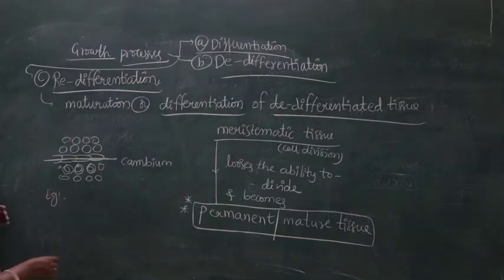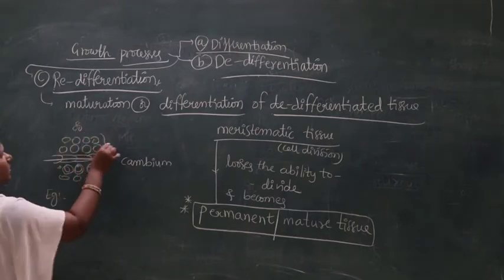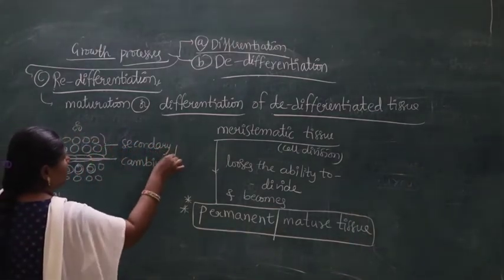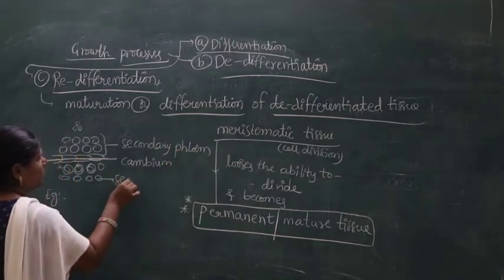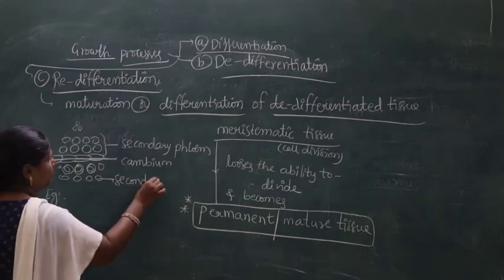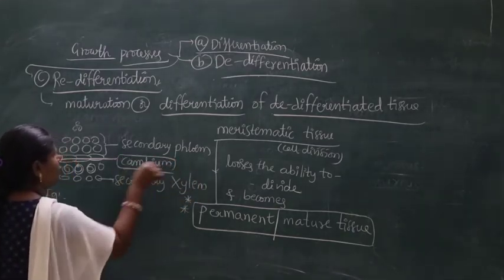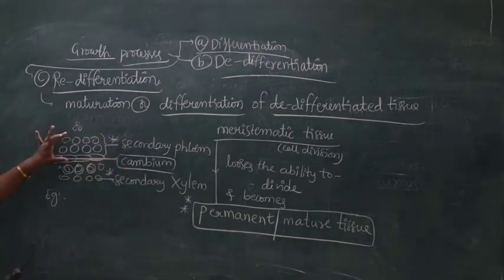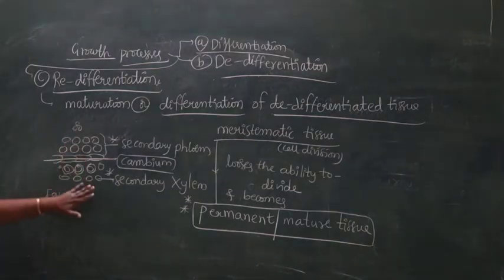Now, let us see the cambium when it divides and stops dividing. So, this converts into secondary phloem and this converts into secondary xylem. Okay, this converts into secondary phloem, this converts into secondary xylem.